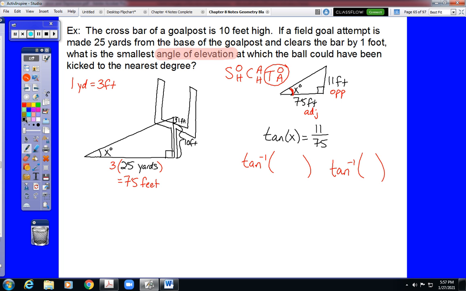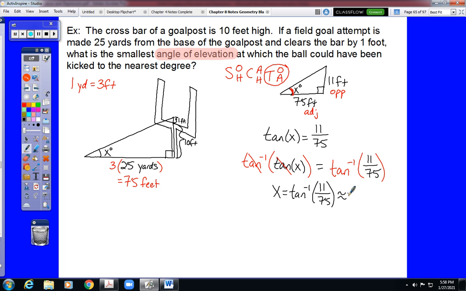What we're going to do is take the arctangent, or tangent to the negative first power, inverse tangent, of each side of that equation. When we do that, tangent will undo arctangent. They'll cancel each other out. And we'll be left with x is the arctangent of 11 over 75.